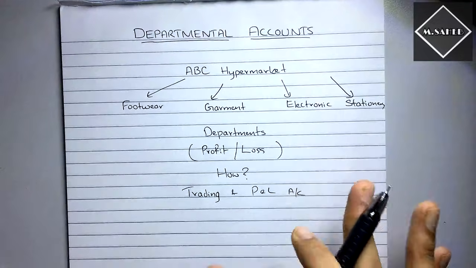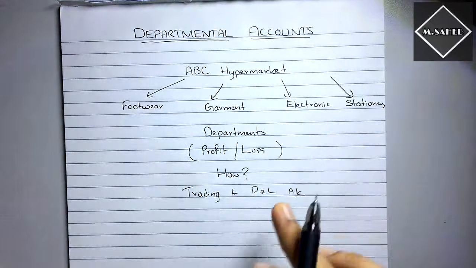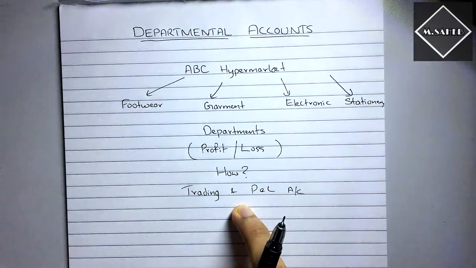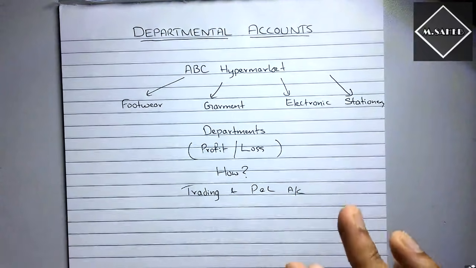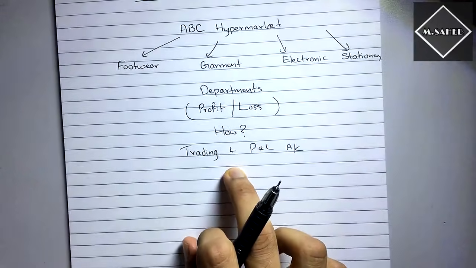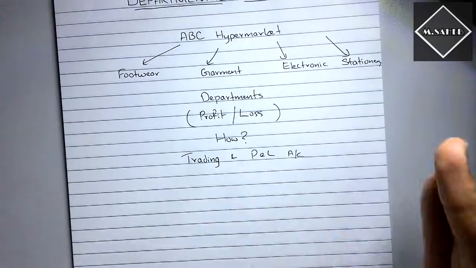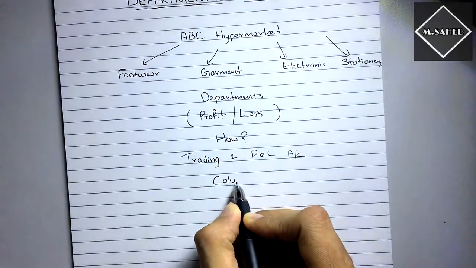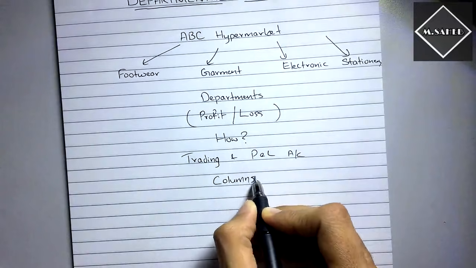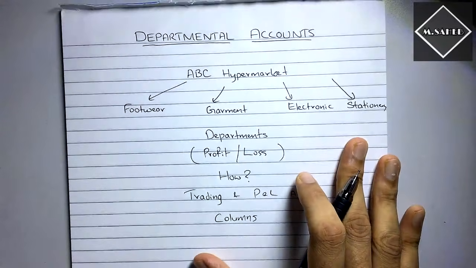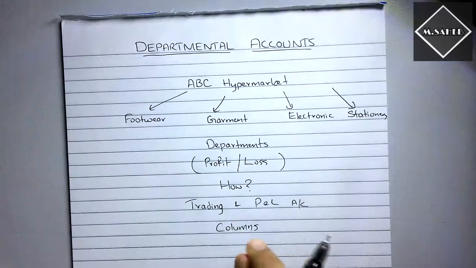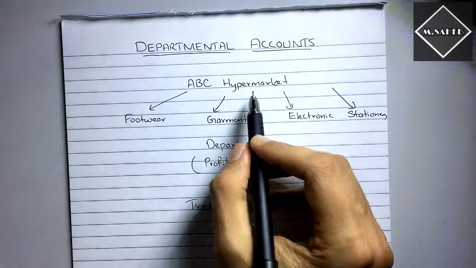Now the same thing we are going to do over here, a trading and P&L account, and the only difference would be that this trading and P&L account will have a lot of columns. Before, we used to do the trading and P&L account of one entity, one business.